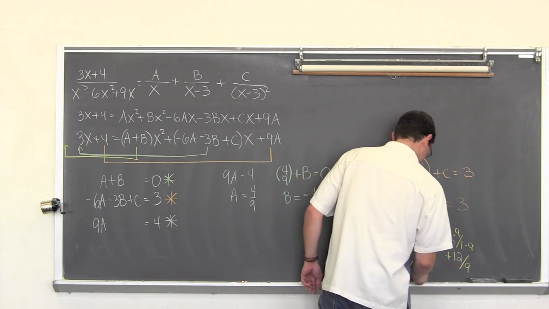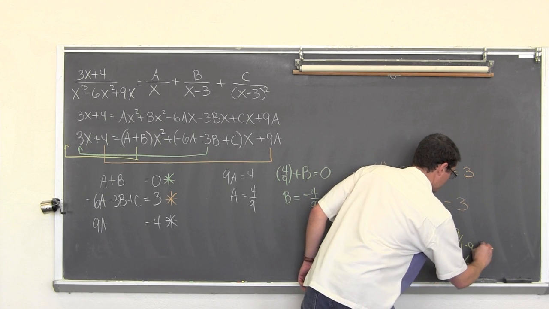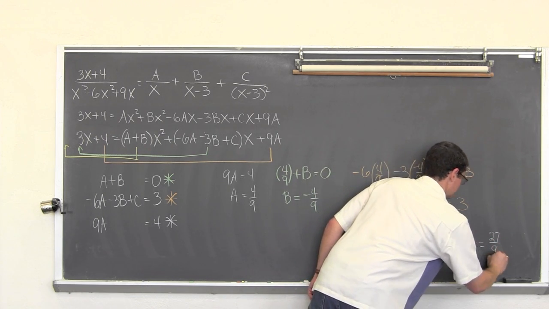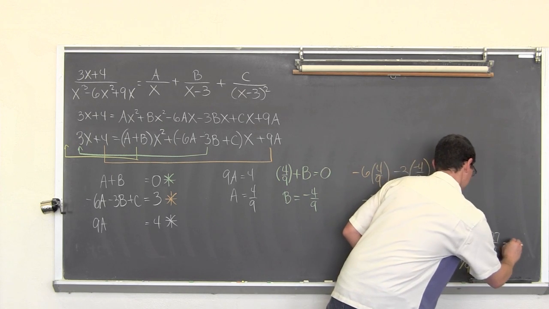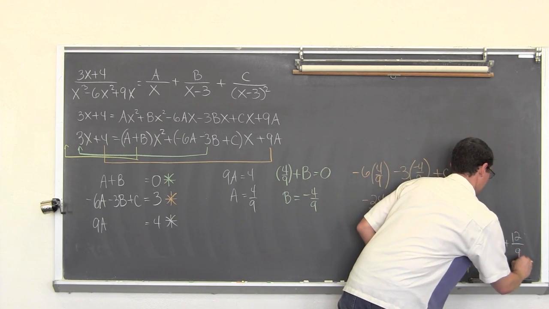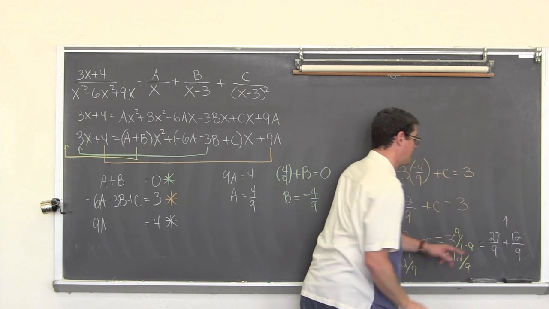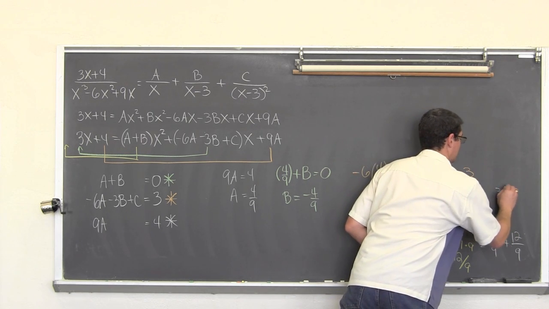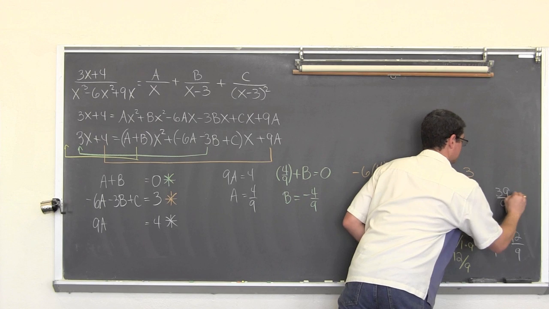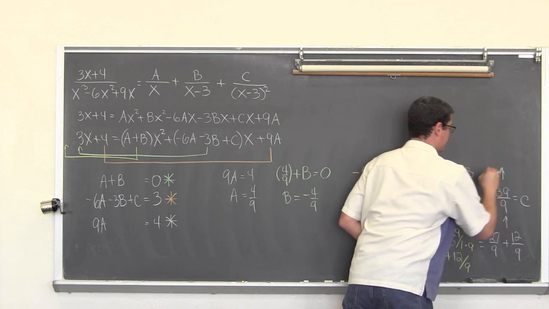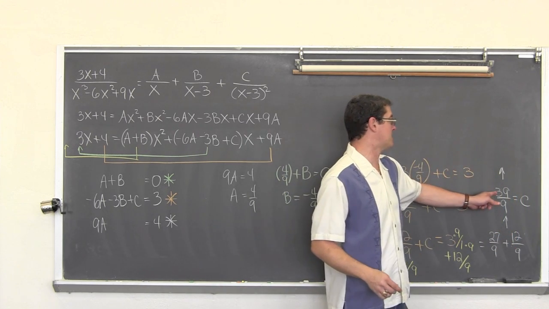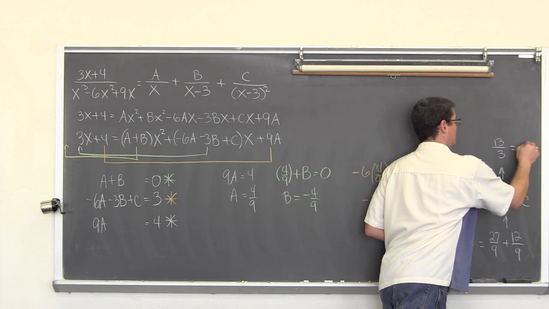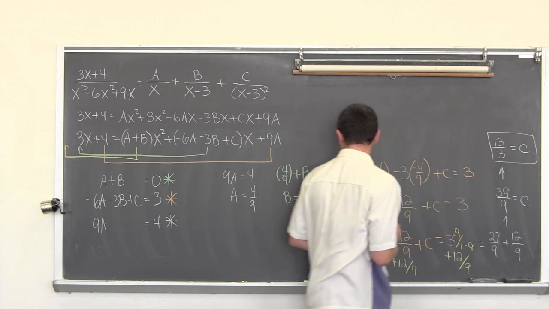And we get C is equal to 27/9 plus 12/9, which is equal to 39/9. And these both have factors of 3, so that reduces to 13/3 for C.